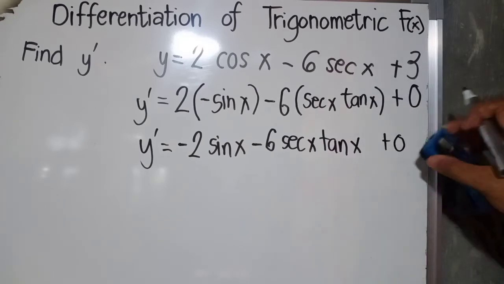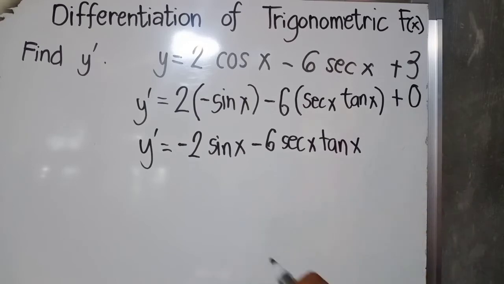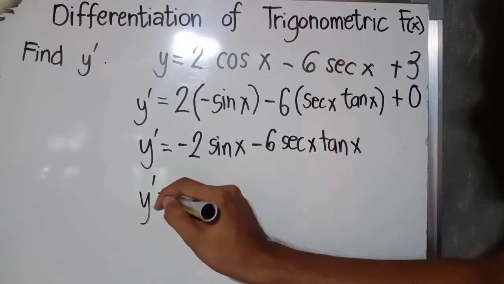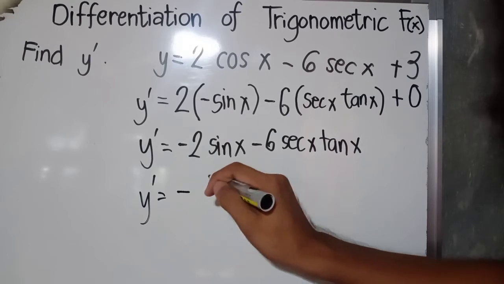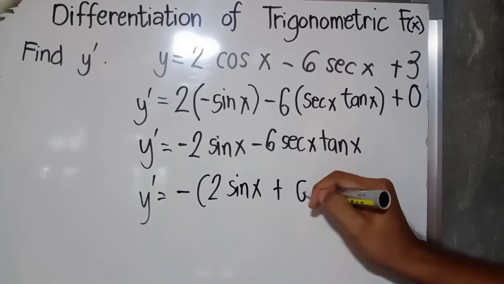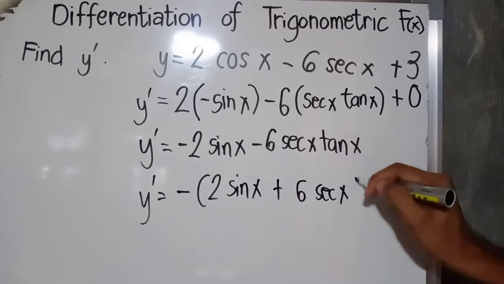So, pwede na natin hindi ilagay yung 0. And that's our derivative. So, pwede na yan. Pero if you want it to be factored with a negative 1, kasi para silang negative, pwede din siya na ganito. Plus 6 secant x tan.